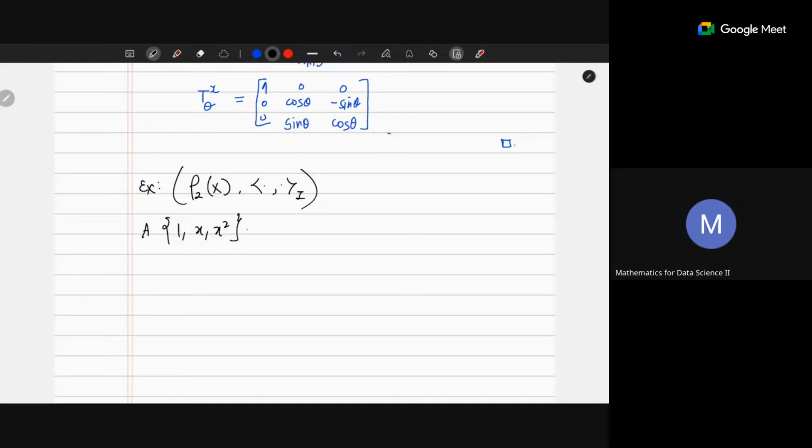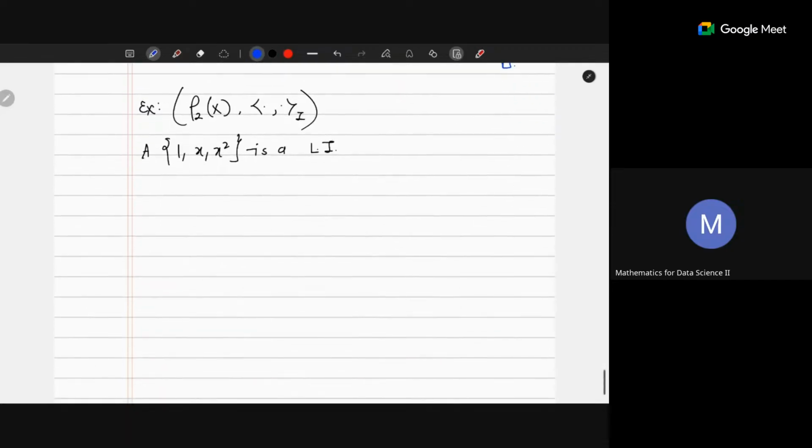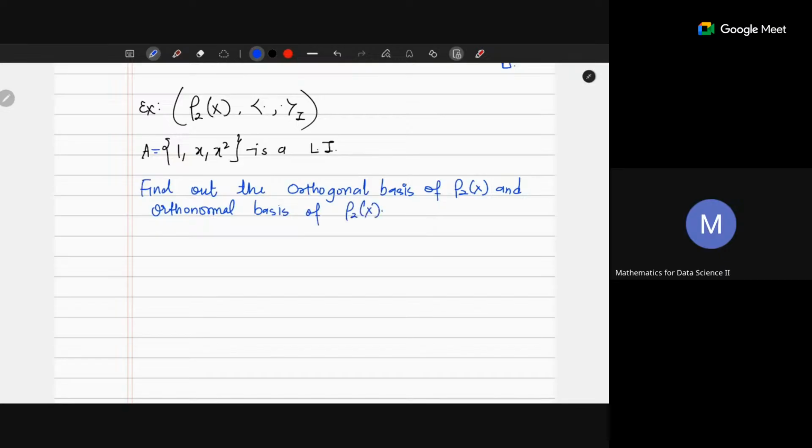So find out the orthogonal basis of P2 and the orthonormal basis of P2. Okay.